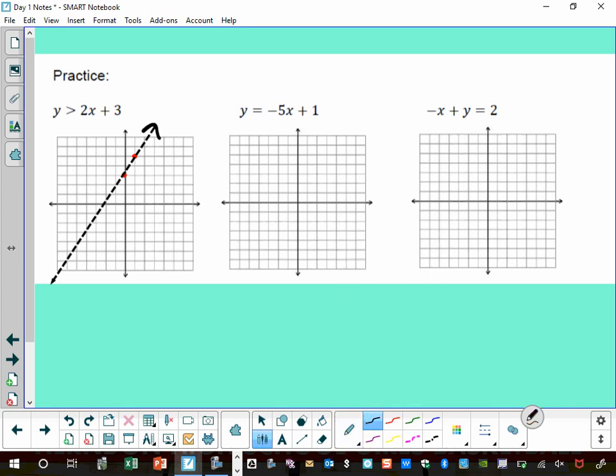A solid line, sorry, a dotted line for this one. Shade on this side. How do you guys feel on that one? The second one, your m was -5, your b was 1. Over, down 5 over 1.